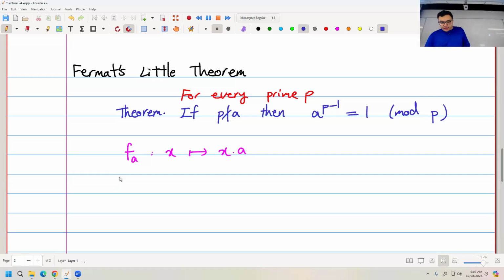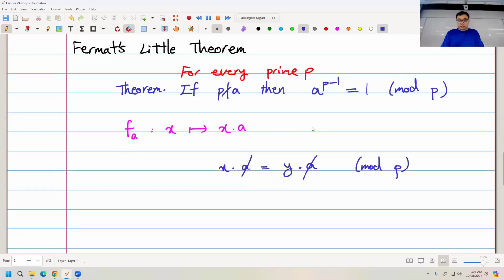And so this means that if x times A is equal to y times A, I can cancel the A from the two sides, if this is modulo P. So this shows that it's 1-to-1.